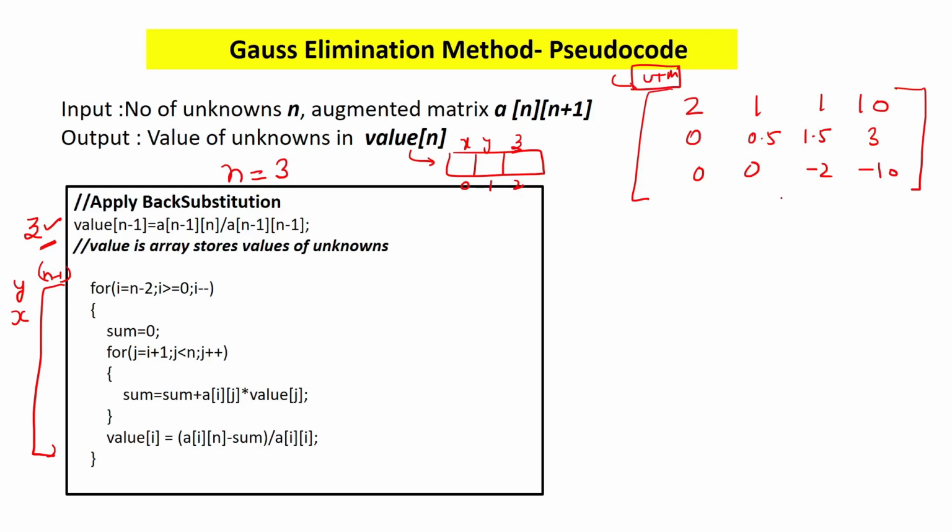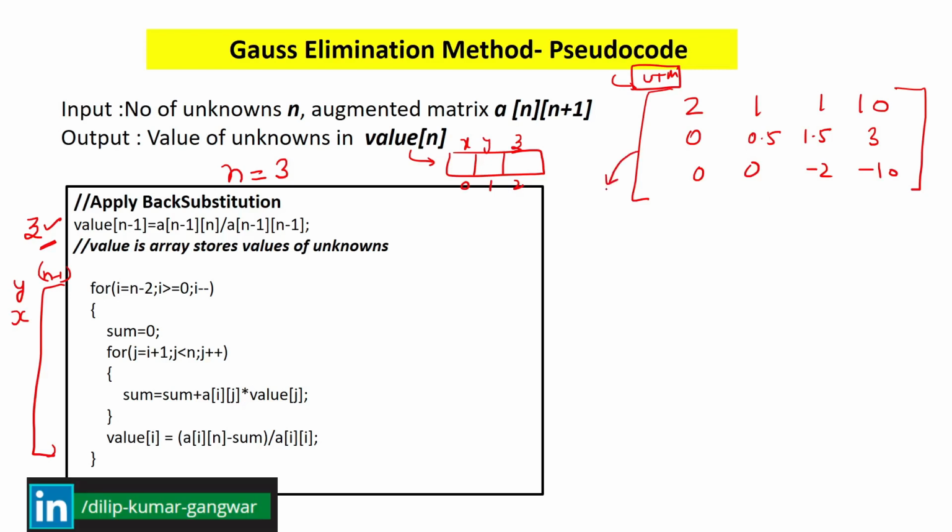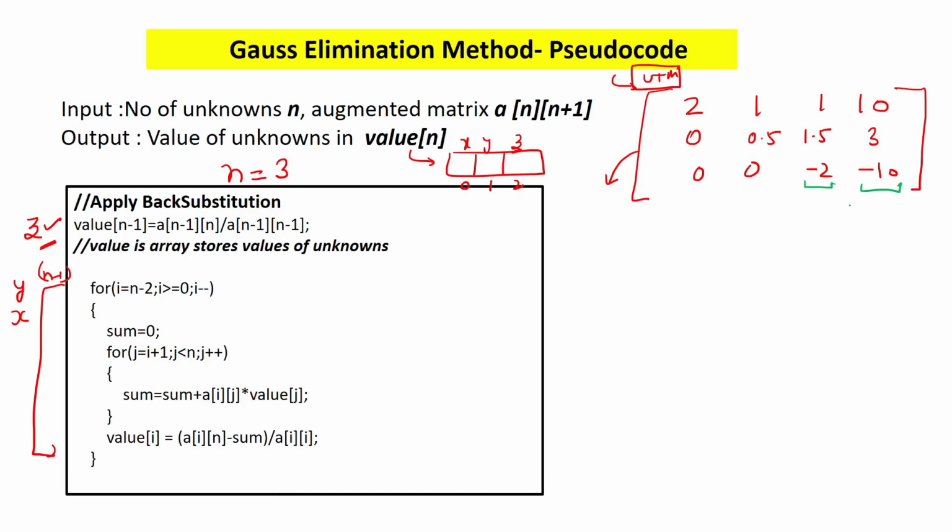When we solved our example, we converted this matrix into the equations again to find the values of x, y, z. But here we have the matrix in the program. So if you see, to find the value of z, we can use these values, right? Because we have written these as minus 2z equal to 10. So z will be minus 10 upon minus 2.